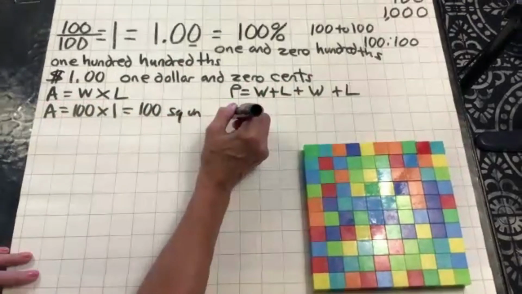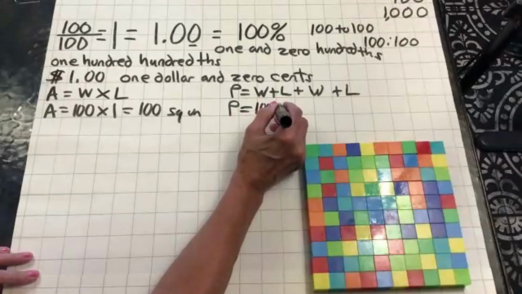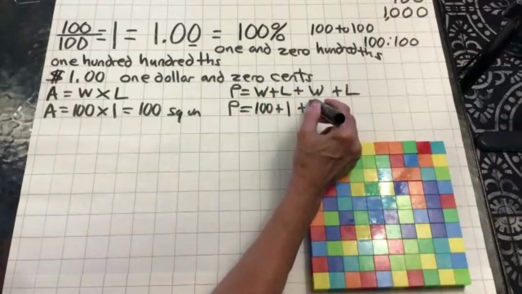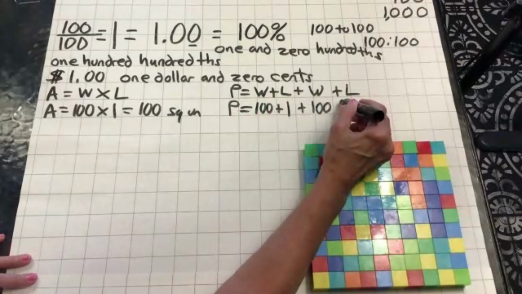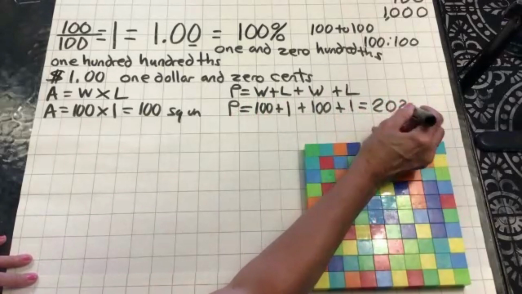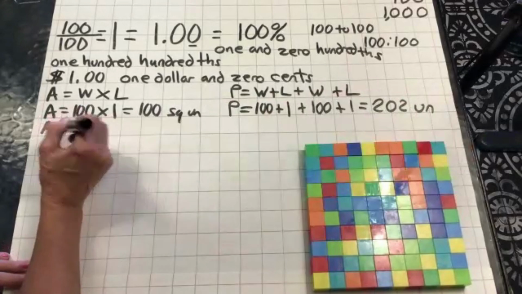And then I would go around the perimeter, and one side, the width, would be 100. Then the length would be 1. Then the other side that's opposite of the 100, of course, would be the same because it's a rectangle, plus the 1. So this would be 202 units.